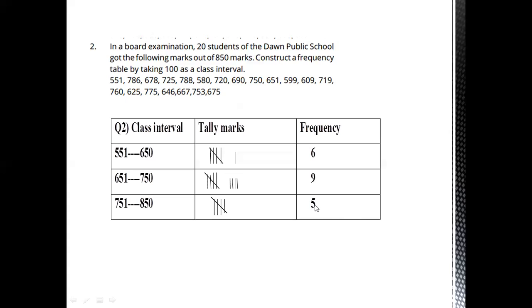So 5 student marks lie between this interval. So 1 2 3 4 lines, and the fifth one crosses it. So this is the frequency table. We draw the frequency table from the given data.